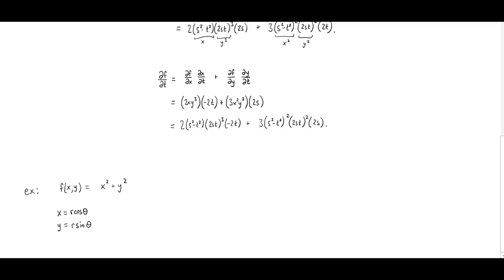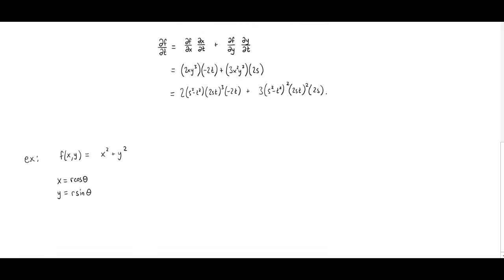Okay? You guys remember what polar coordinates was? You should, right? Okay, yeah. All right. So then, since x and y are functions of r and theta, we can think of f as a function of r and theta. And then let's try to compute the partial derivative of f with respect to r. Okay.